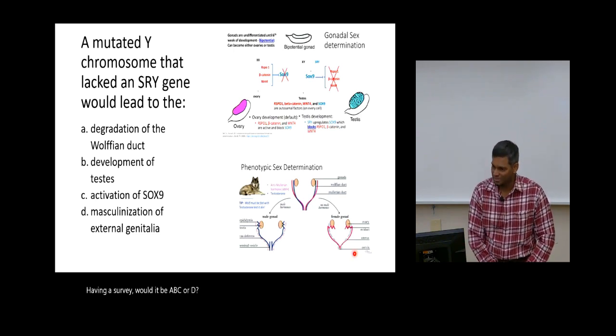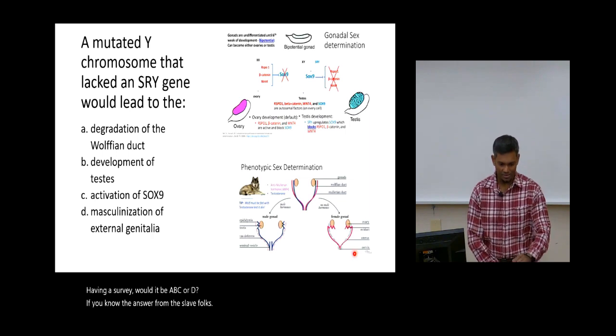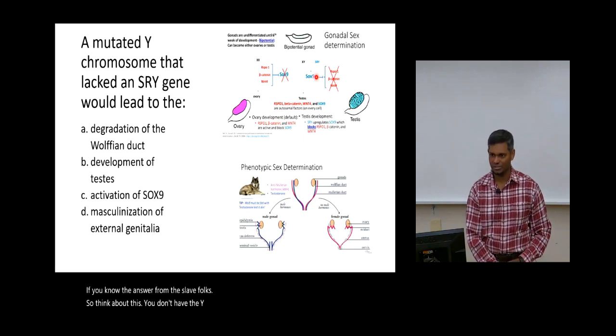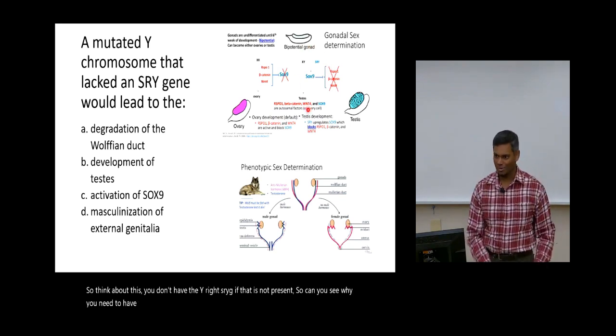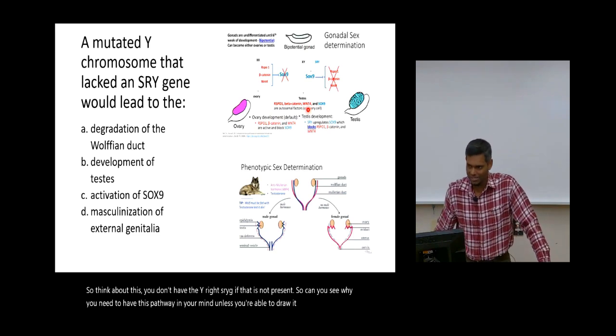You figure out the answer from this slide, folks. So think about this. You don't have the Y, right? SRY gene. If that is not present, so can you see why you need to have this pathway in your mind? Unless you're able to draw it out, this type of question will be pretty challenging.